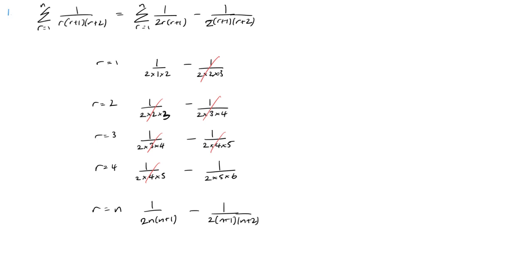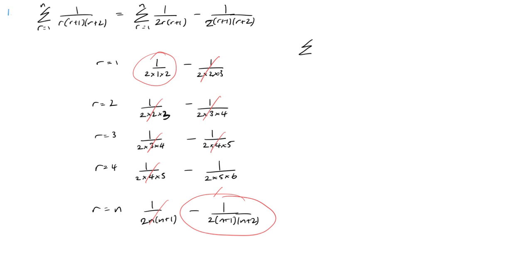And of course, this is going to cancel with one that's there, and it's going to leave me the first one on the left and the last one on the right.